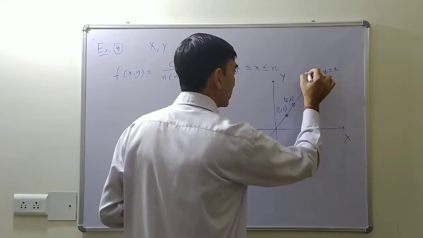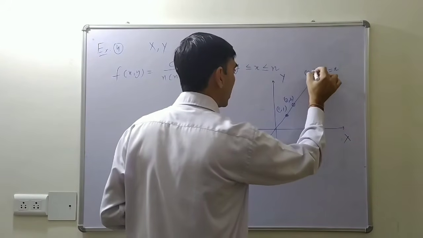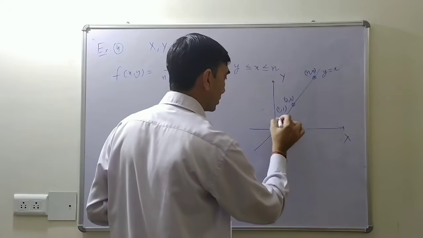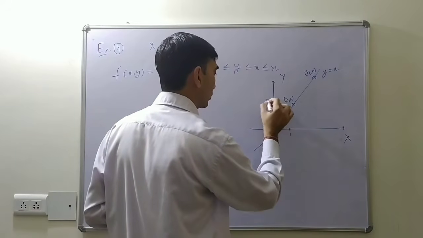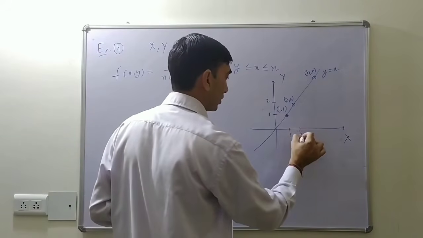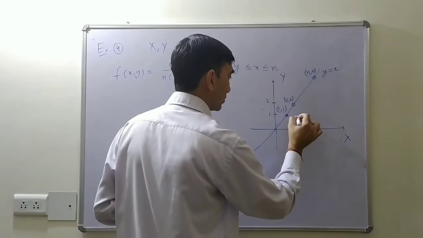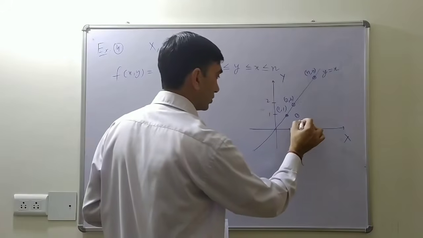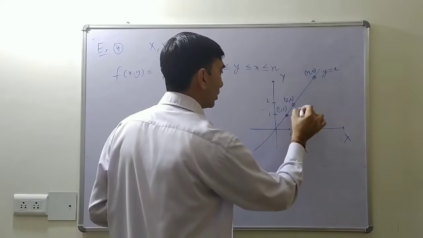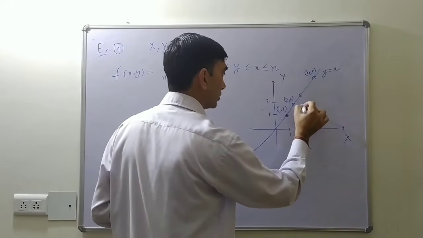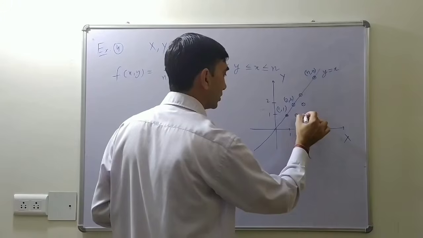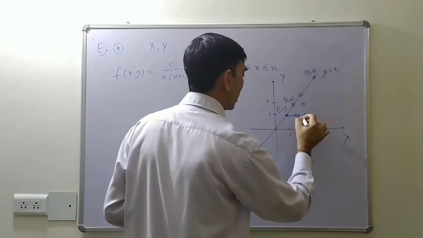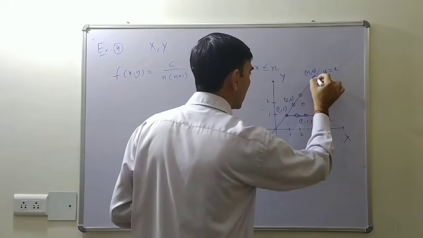Final point on this line is n, n. Then you have 2 comma 1. Like this you have other points here, then here, then here. So I draw a parallel line through these points.